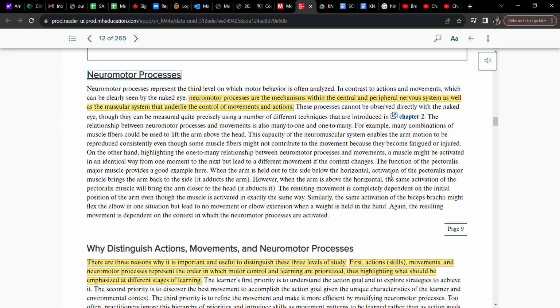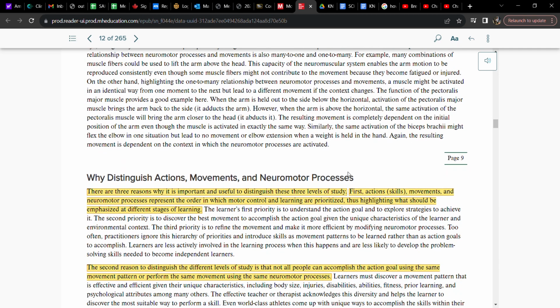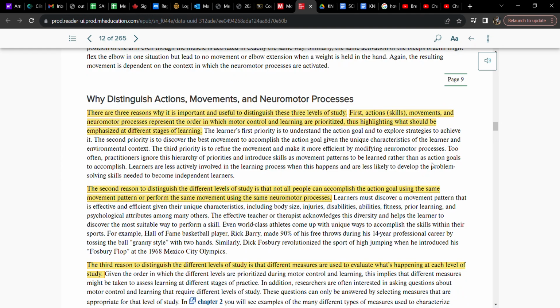So the reason why we are breaking apart these components is because there are different levels of study involved in these. So first of all, we look at these components as different ways of learning, right? Like you guys can just, certain people can just pick up a skill and just start learning it, right?